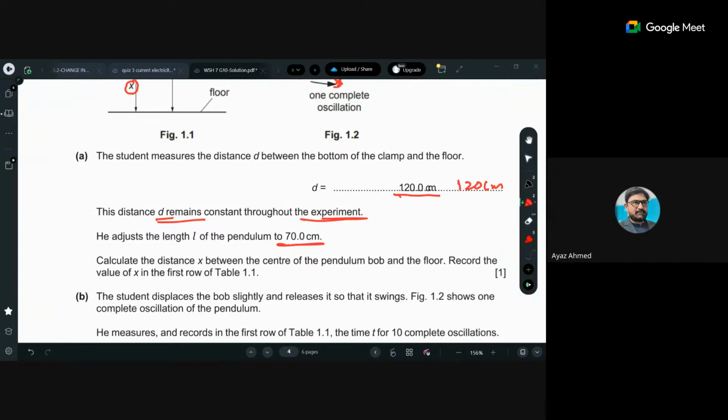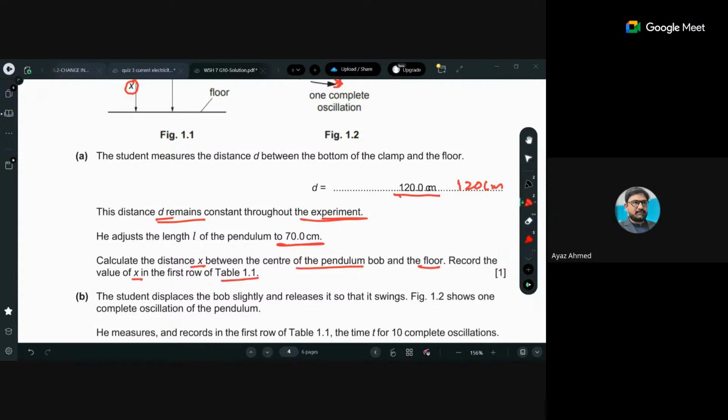Now moving on, calculate the distance x between the center of the pendulum bob and the floor, and record the value of x in the first row of table 1.1.